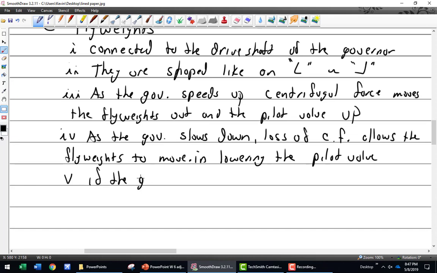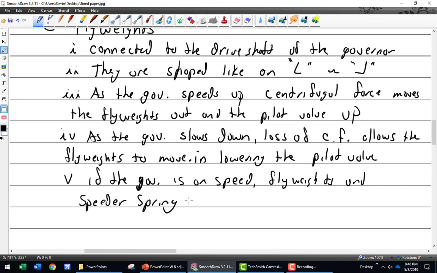If the governor is on speed, flyweights and speeder spring are in equilibrium.